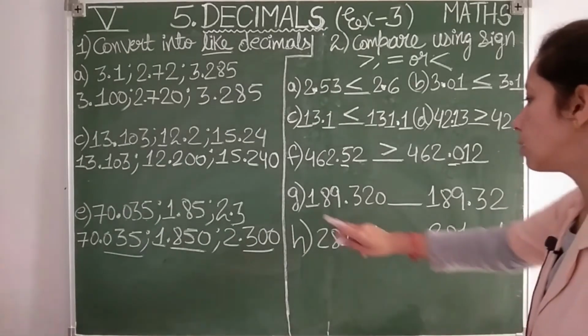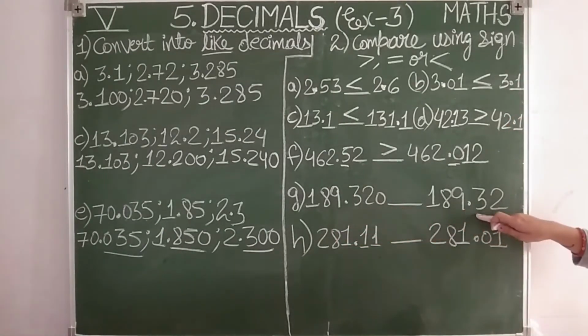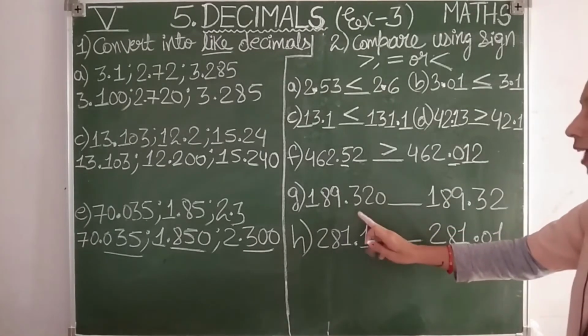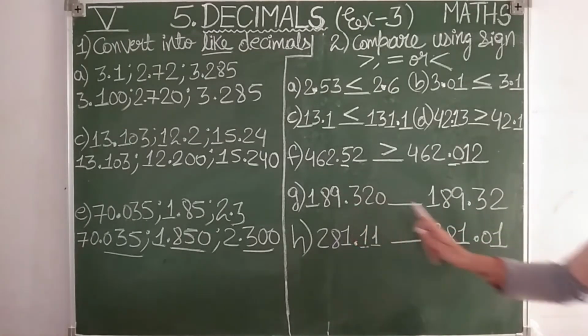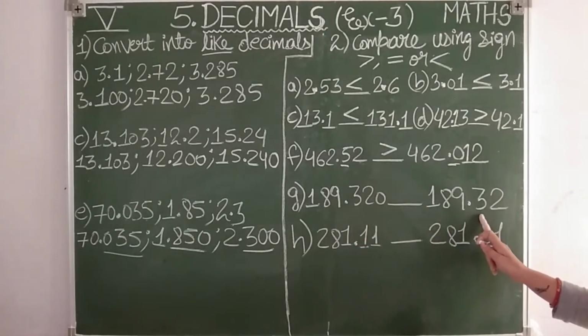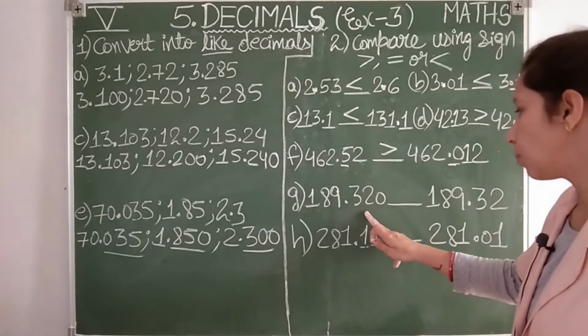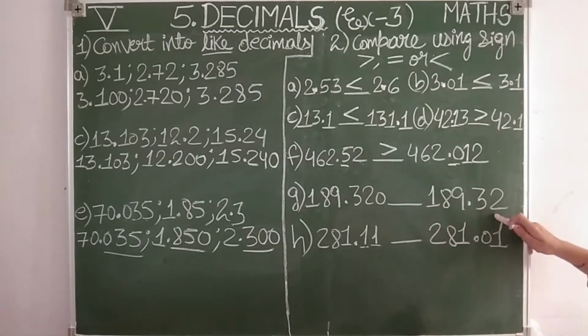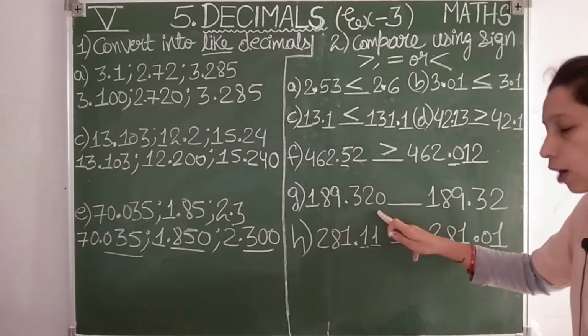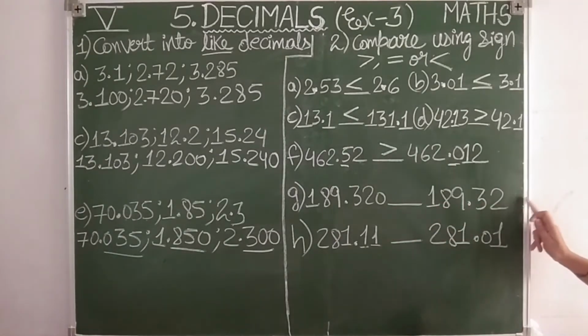Okay, next point, students, 189. Again 189. We can't decide. Let's check the tenths place. Here in the tenths place 3. Here again in the tenths place 3. Both are equal. तो फिर से आप नहीं decide कर पाओगे. Let us see the next place. Here it is 2, here it is 2. Again they are the same, so again we can't decide which one is greater. So what to do? Move to the thousandths place. Here in the thousandths place it is 0. Here is there any number?